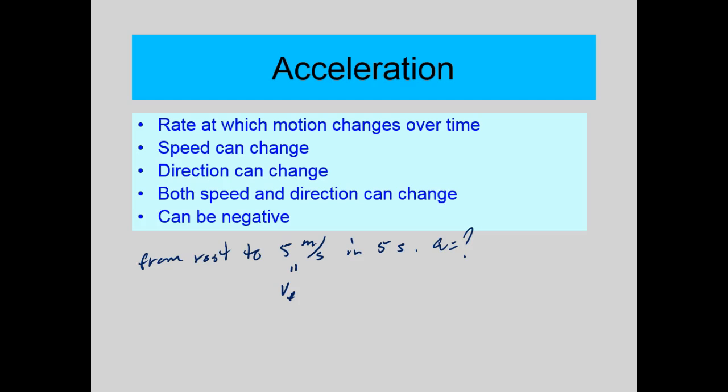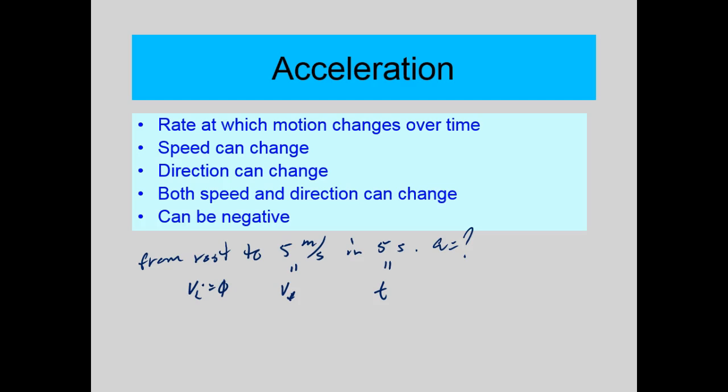So what would be its velocity? 0. So the initial velocity, VI, is equal to 0. The 5 seconds, did anyone decide what that was? That's your time. You could call it delta t, meaning the time interval over which this happened. It doesn't mean what time of day it was. It means the time interval.